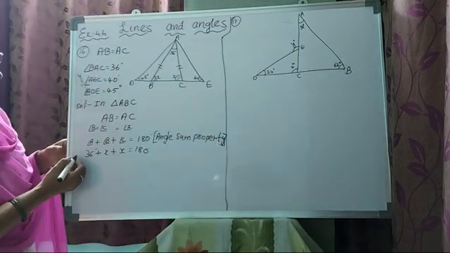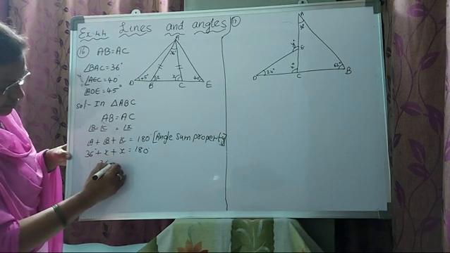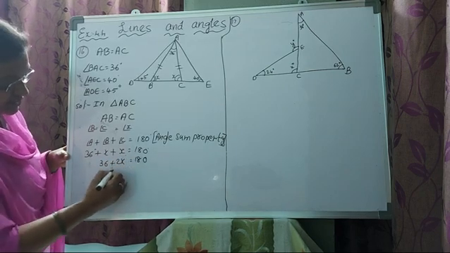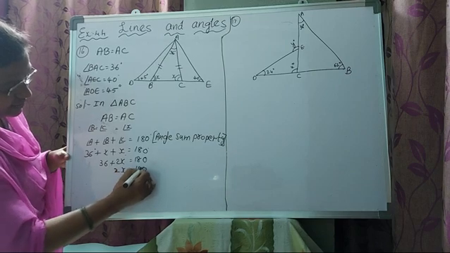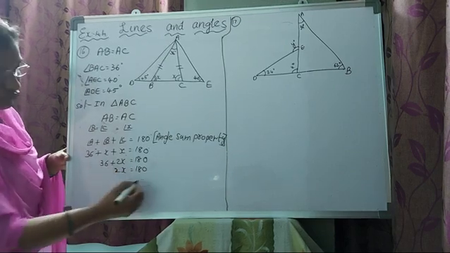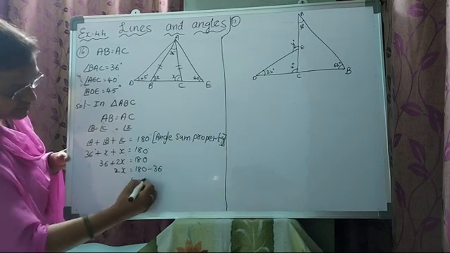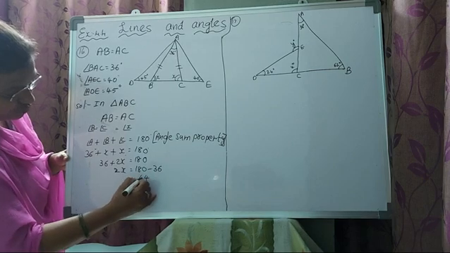So here 36 plus x plus x, 36 plus 2x is equal to 180 degrees. So 2x is equal to 180. Here it is plus, so if you transpose it to this side, minus 36. 10 minus 6 is 4. 7 minus 3 is 4.